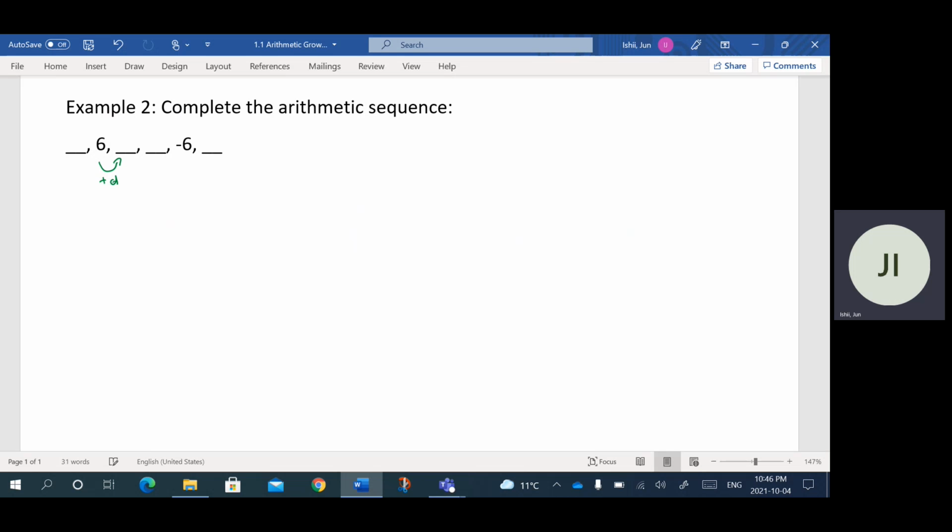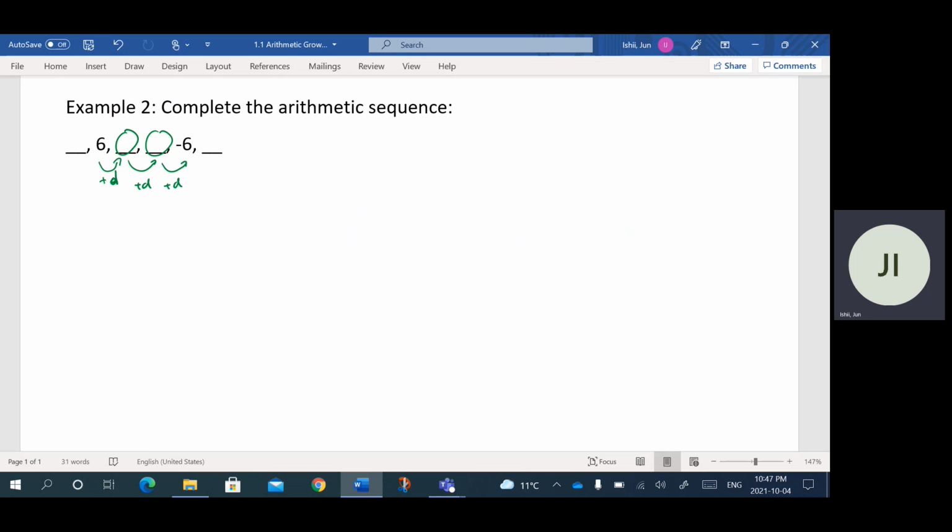Right now we don't know what the common difference is, so I'm just going to call it d. To get from 6 to the next term, we add the common difference. Then to the next one, we add the same number, the common difference, and we add the common difference again to get to -6.